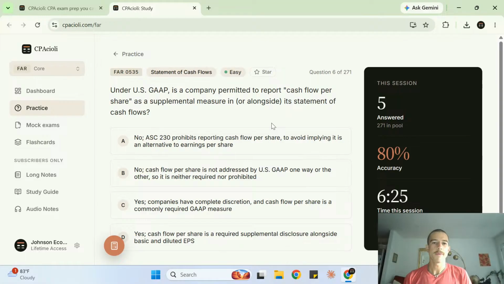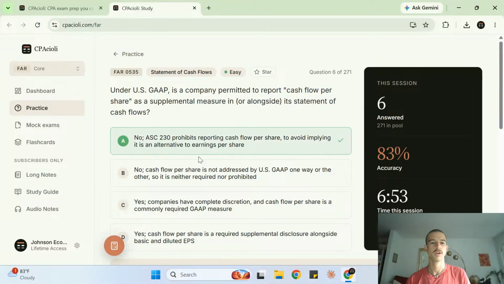Under U.S. GAAP, is a company permitted to report cash flow per share as a supplemental measure in or alongside the statement of cash flows? I really don't know. I mean, that made the most sense, but I'm not sure.